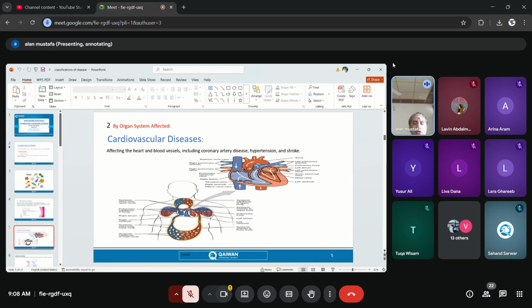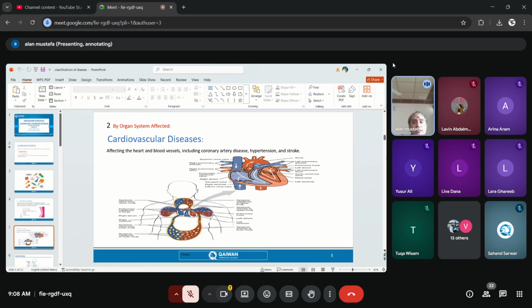One way of classification is by etiology. So another way of classifying diseases is by the system that the disease affects. By the system we mean the system inside our body.